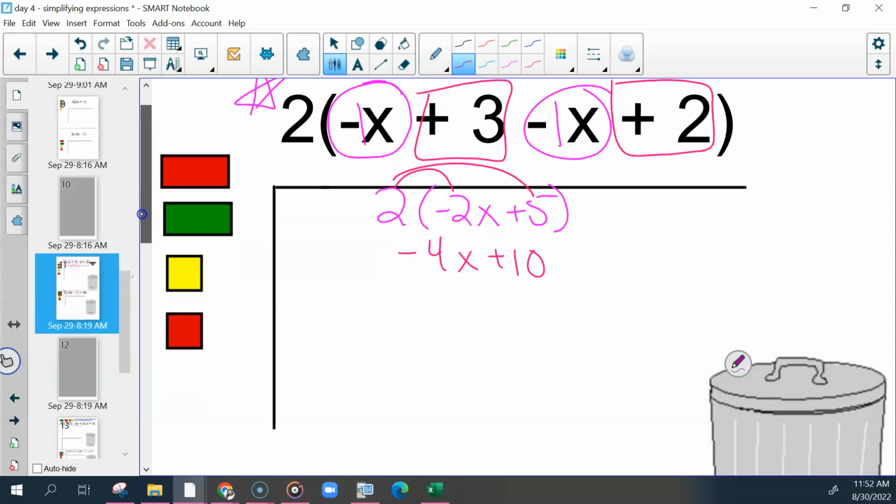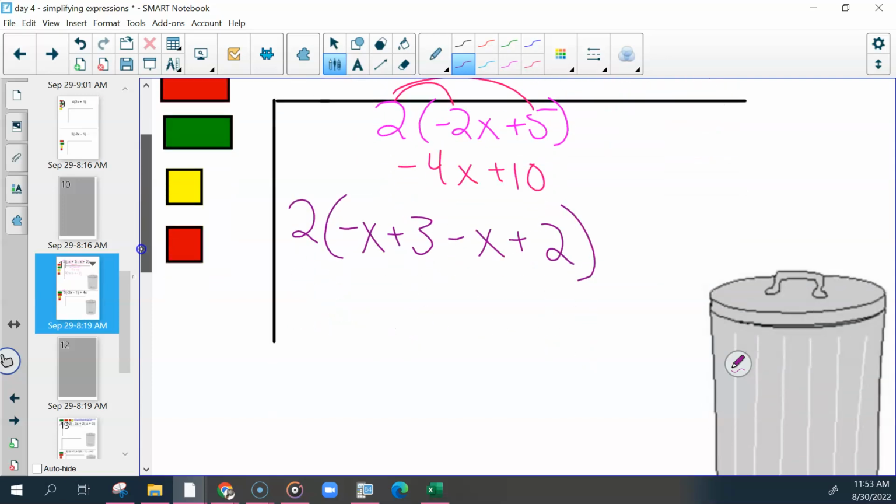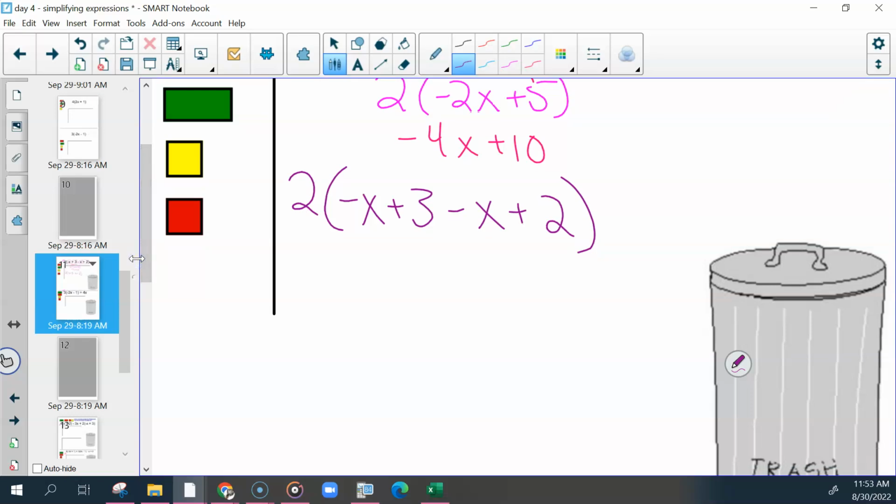Now the second way, I'm going to rewrite this problem down here. Let's say we were looking at the problem and we didn't think to combine our like terms first. And we were just thinking, I have a number on the outside, I can distribute.